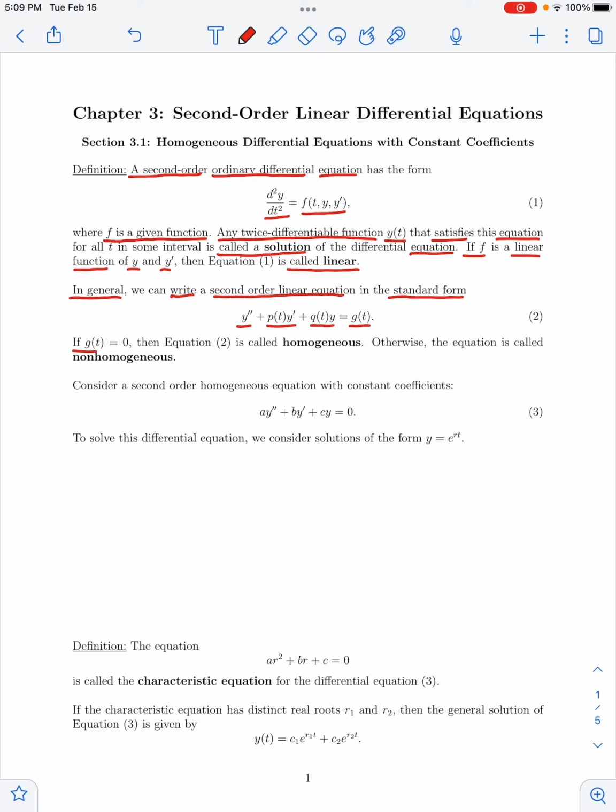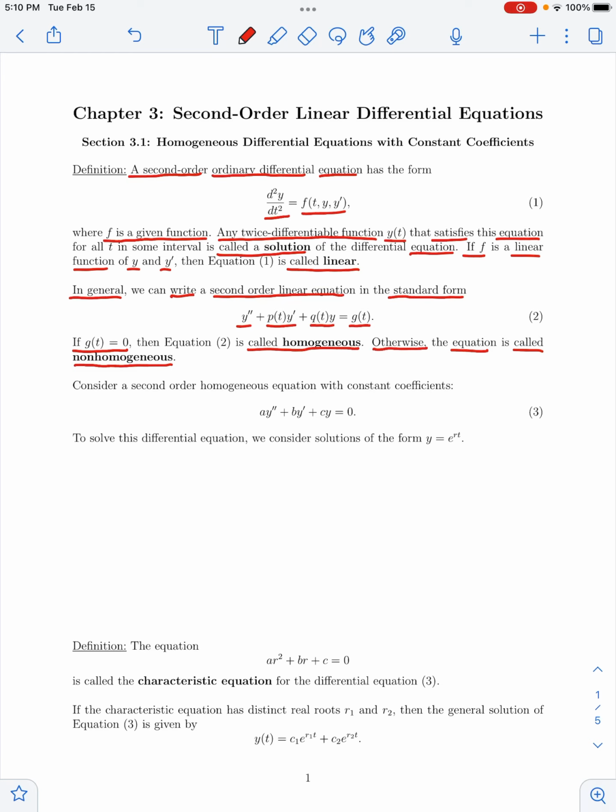And in the event that g of t, the function on the right-hand side, is equal to 0, then this equation is called a homogeneous second-order linear equation. Otherwise, so if our function on the right-hand side is anything other than 0, this equation is called non-homogeneous.